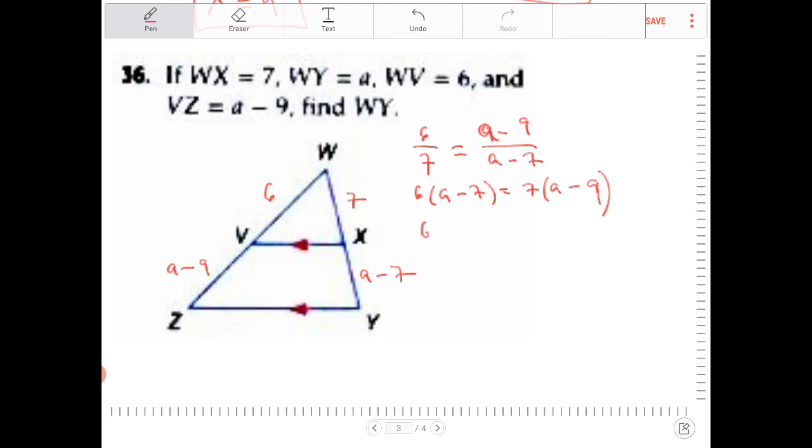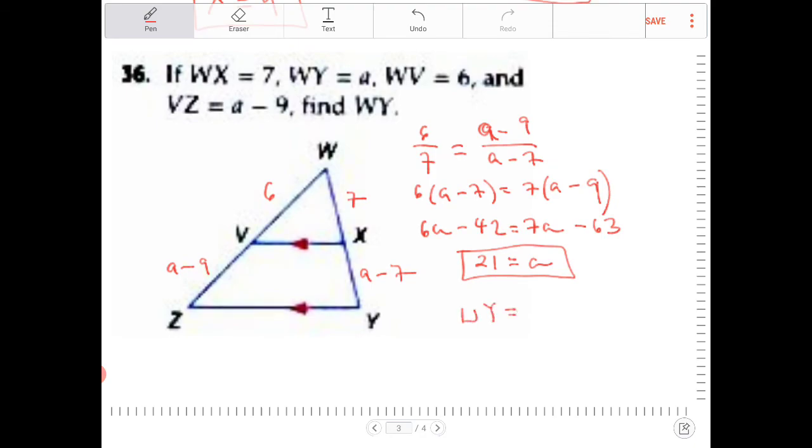So I end up with 6a minus 42 is equal to 7a minus 63. Add 63 to both sides, I end up with 21 is equal to a, because if I subtract 6a from 7a, I end up with a. So a is equal to 21. So if a is equal to 21 and I need to find out what WY is, WY is equal to 21.